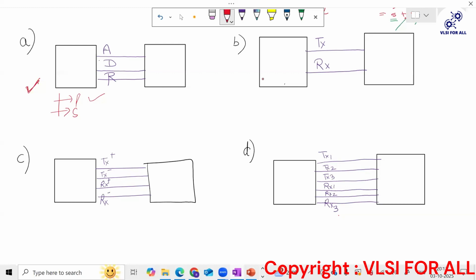Here there are 3 signals, A, D, R, and these signals are driven in parallel. That's why it is a parallel protocol. And what about option C? Here TX1 and RX are there. These are 2 signals, and TX plus and TX minus are related. So this one is serial communication.